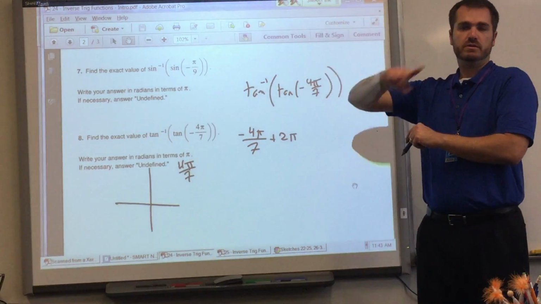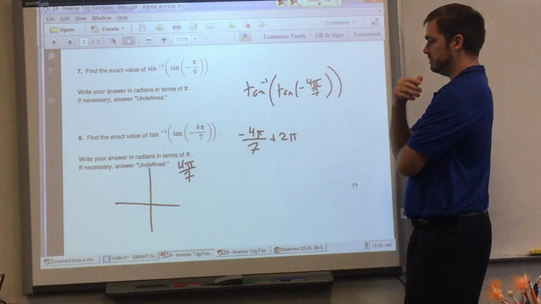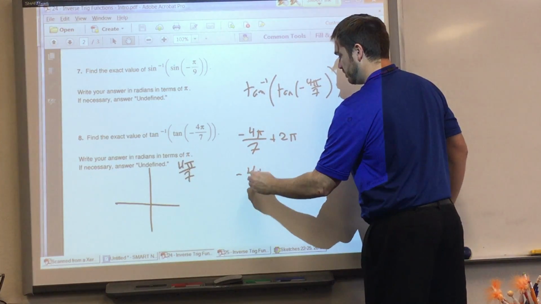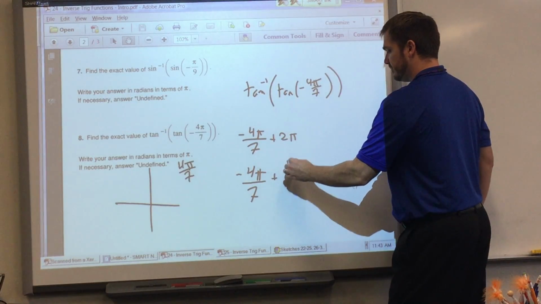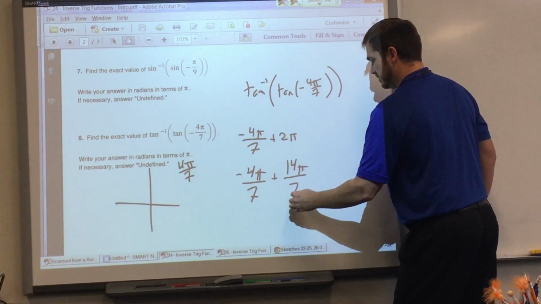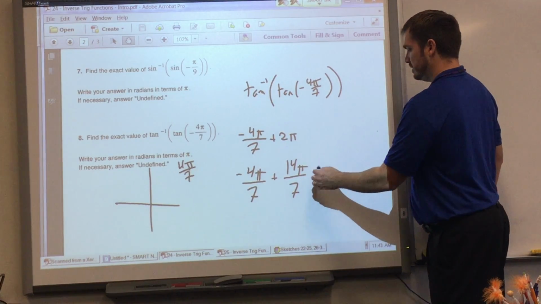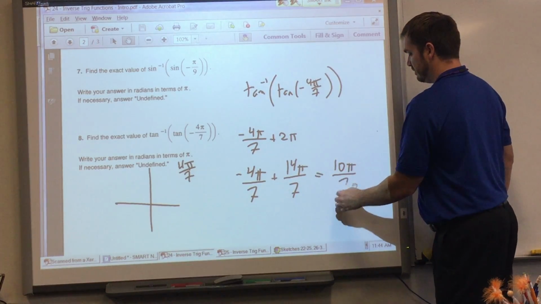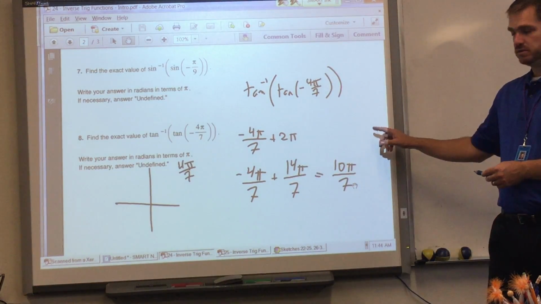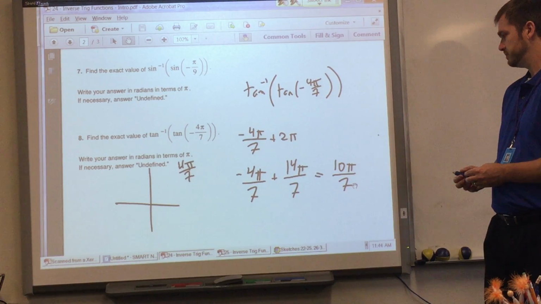That should get us into the same exact location. Okay, so we've got negative 4 pi over 7 plus 14 pi over 7. So negative 4 plus 14, we've got 10 pi over 7. That should be the same exact location.